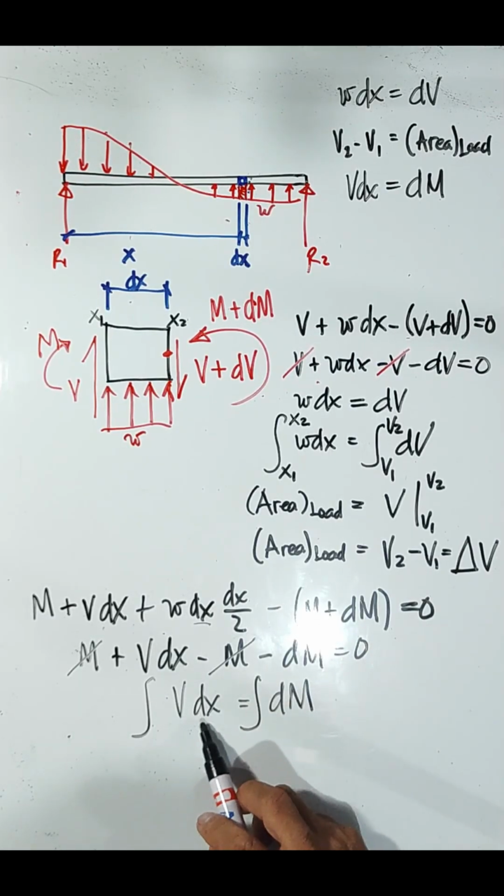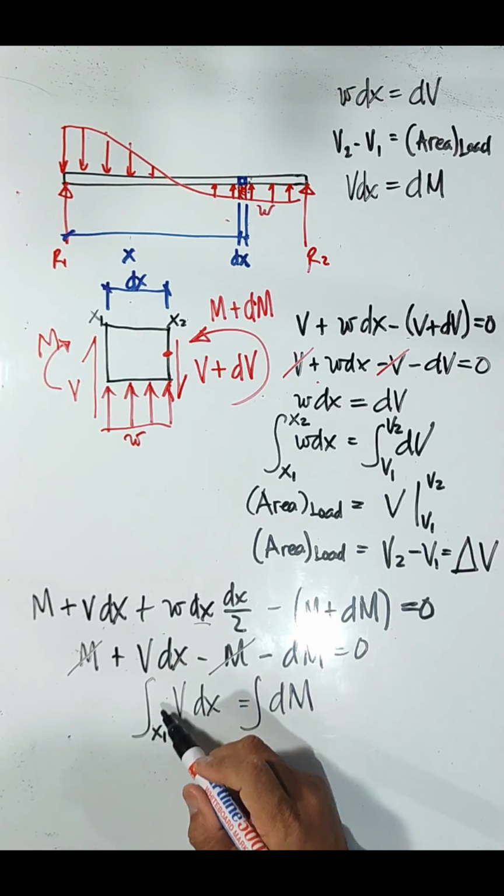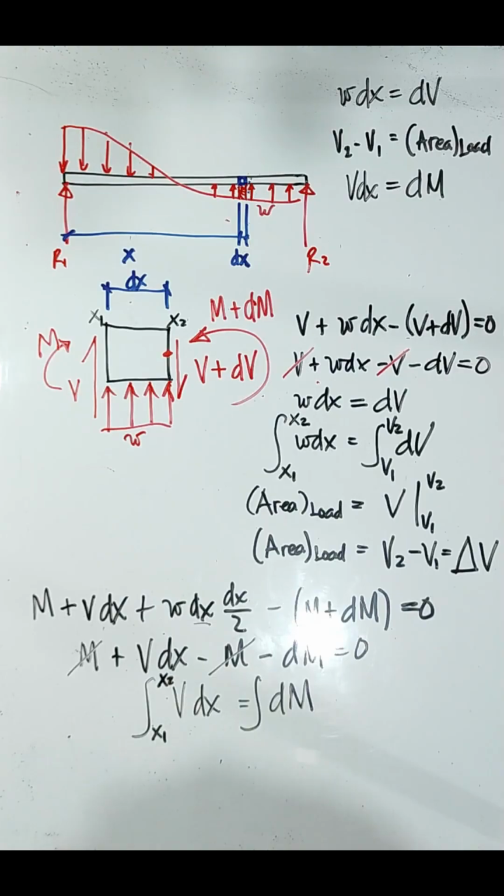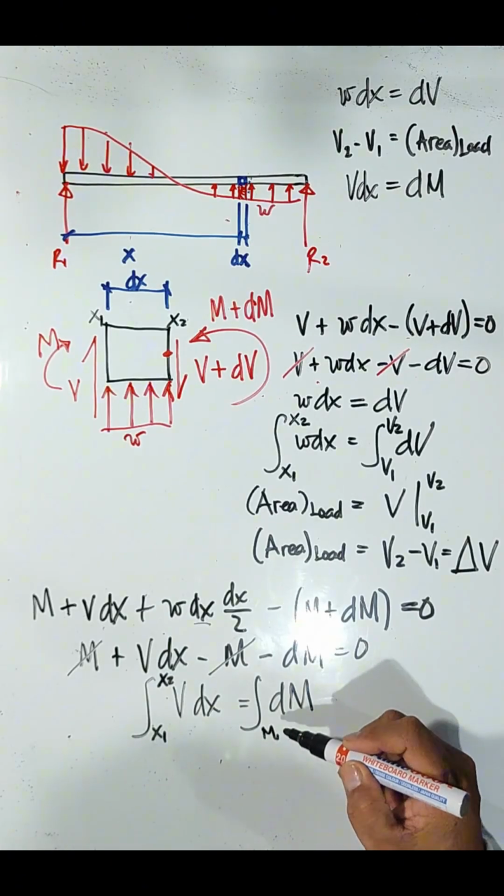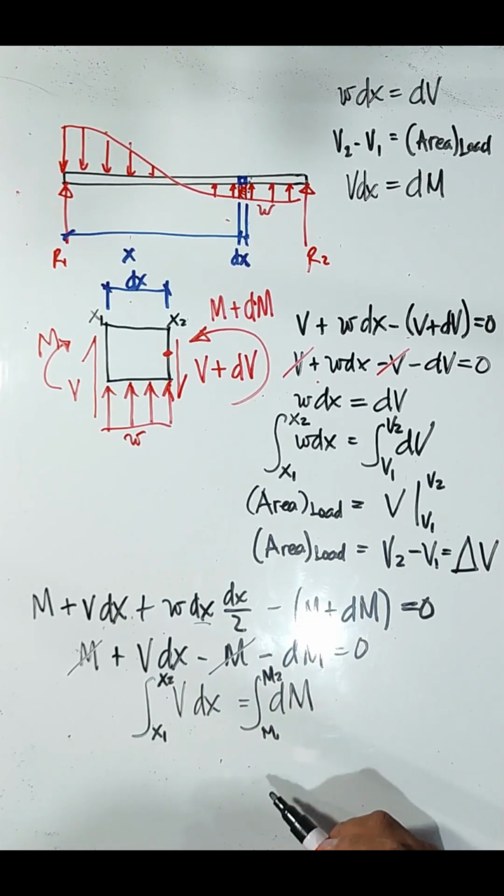We're integrating with respect to x, so our limit will be from x1 to x2. This one will be M1 to M2.